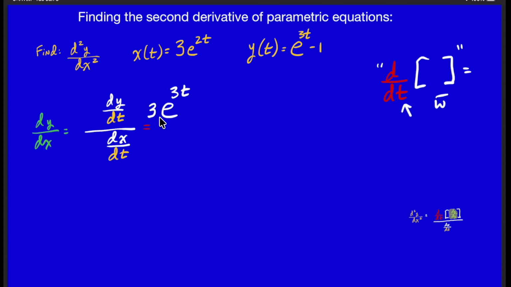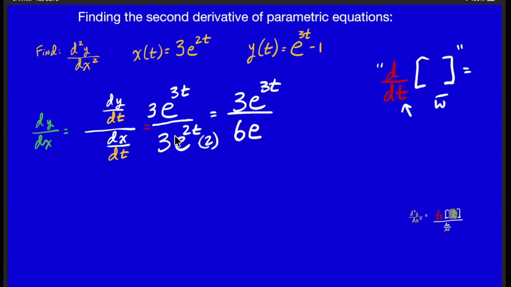In terms of dx/dt, we're going to do a similar process. We are going to rewrite 3e to the 2t, and then we're going to take the derivative of the exponent, which is 2, and we're going to end up with 3e to the 3t in the numerator, and we're going to have this times 2, and we're going to have 6e to the 2t in the denominator.